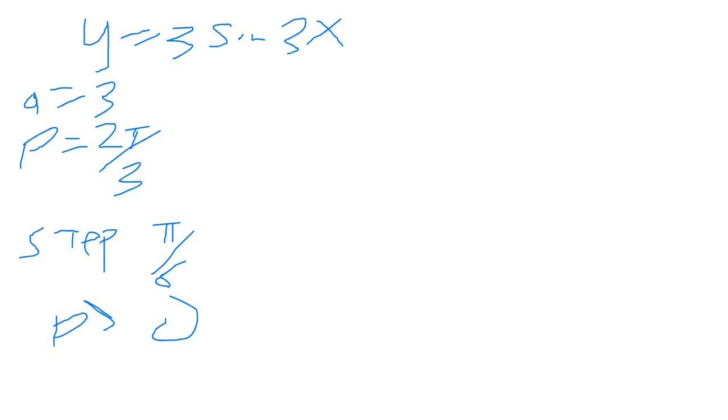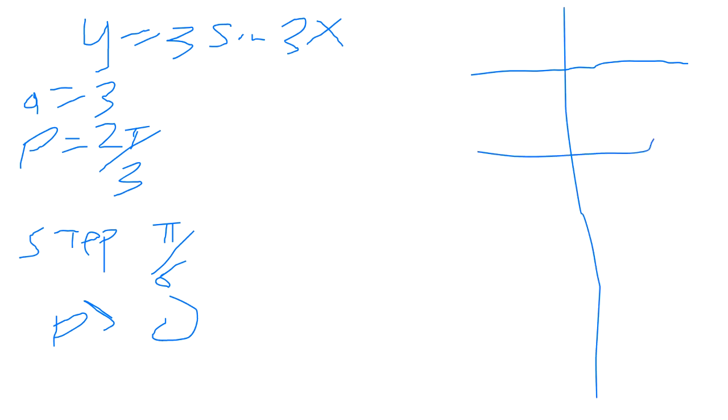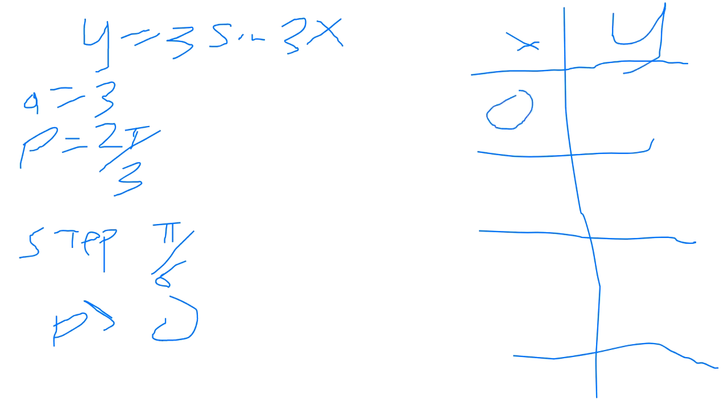There is a very easy way to draw this on your calculator, but I just want to put it in a table form so that when I ask you to do it on the calculator, you can easily see it. In the table, you have your x and your y. When I put 0 here, I'm going to have 3. Then I add the step. My next interval will be pi over 6.